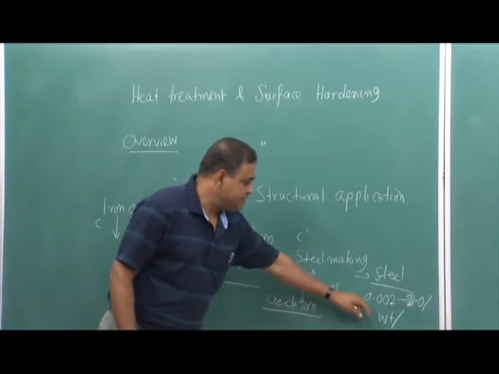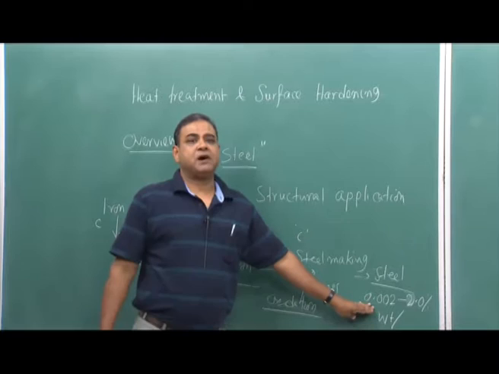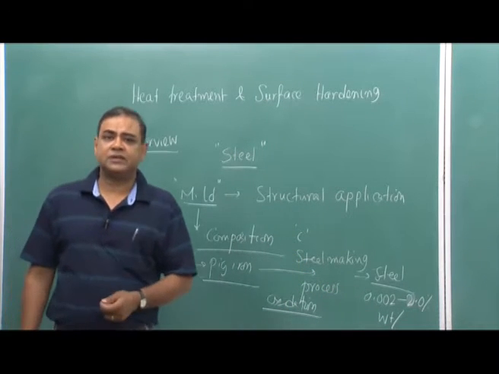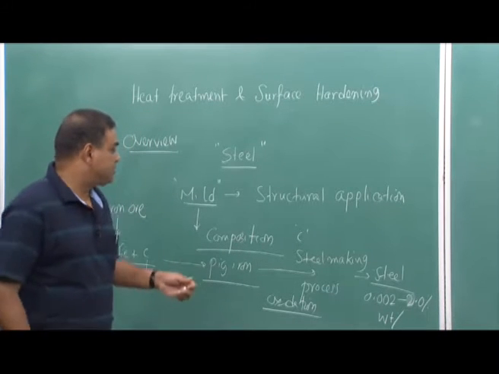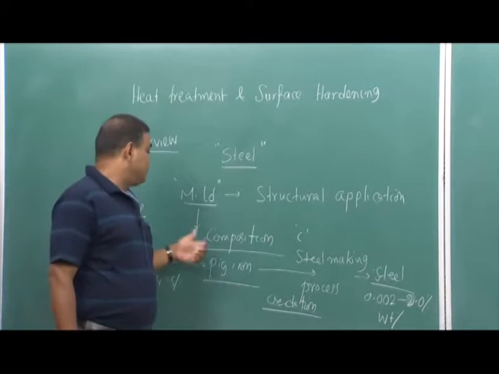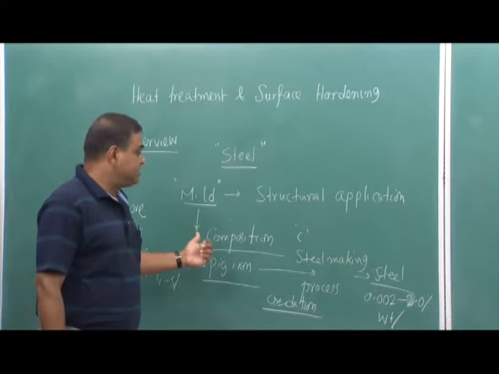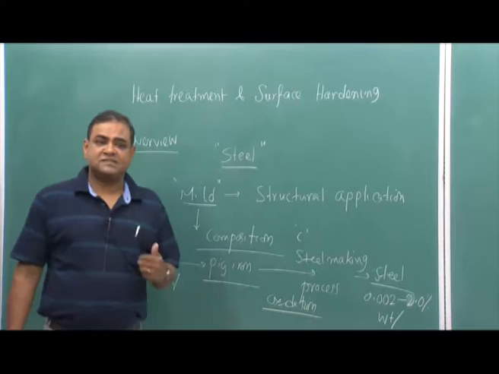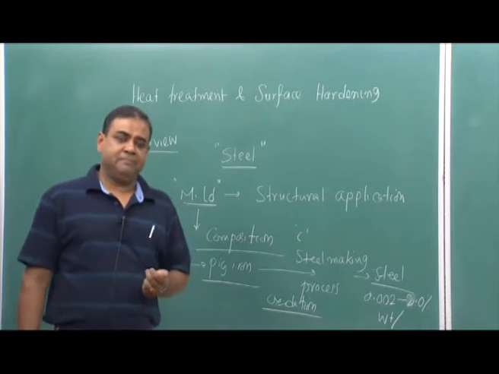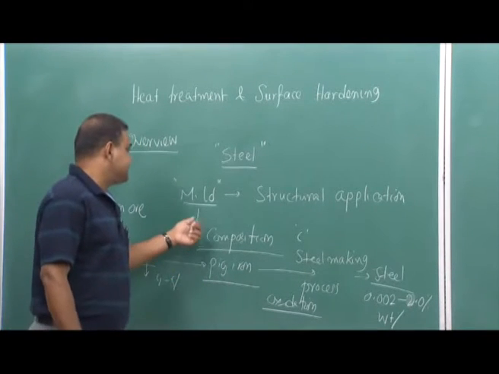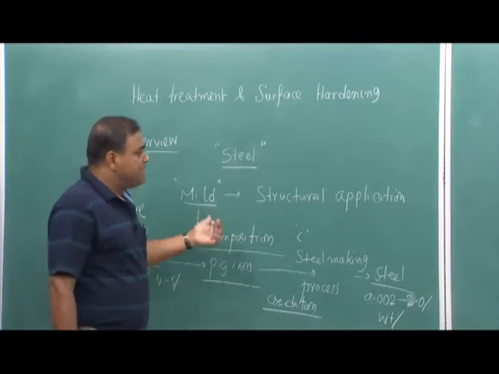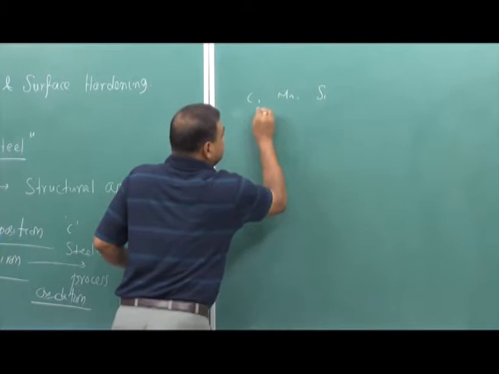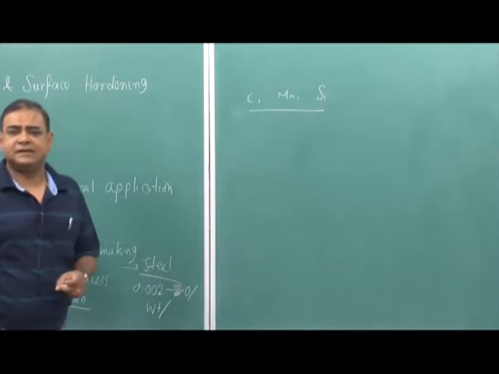Now, whenever we have different percentages of carbon content, at the same time we also come across other alloying elements during the processing of pig iron as well as iron ore, which leads to manganese or silicon content in the steel. So, mainly if we consider mild steel, we have carbon, manganese and silicon, these three elements.